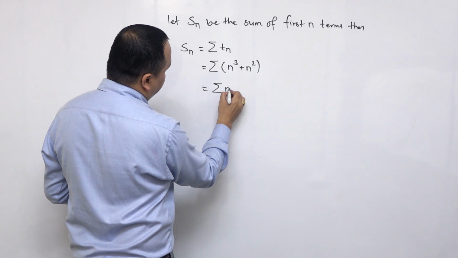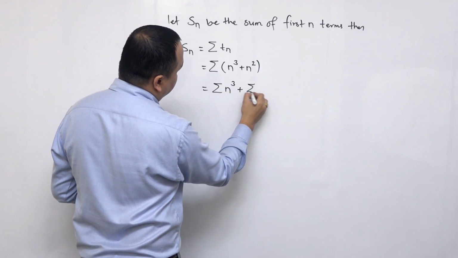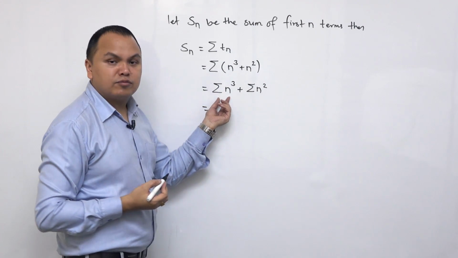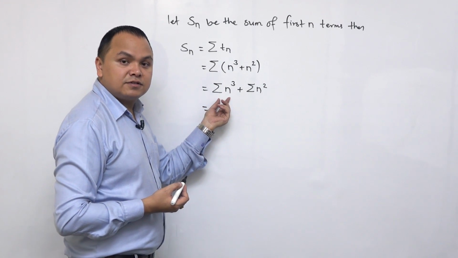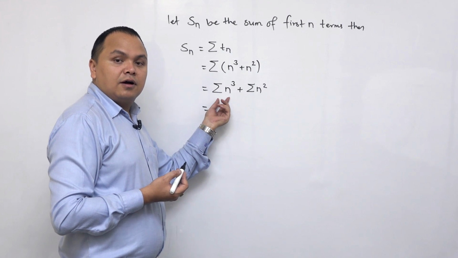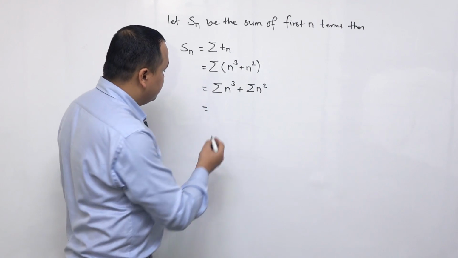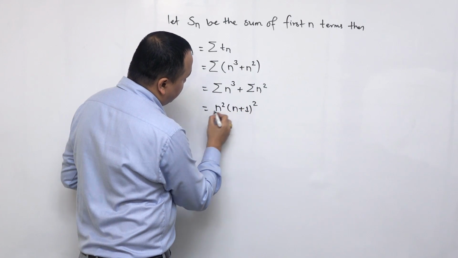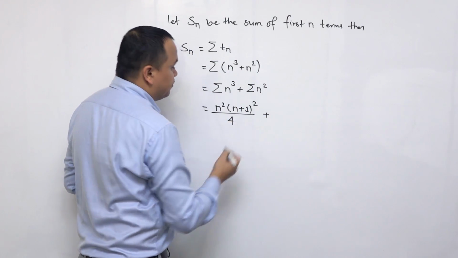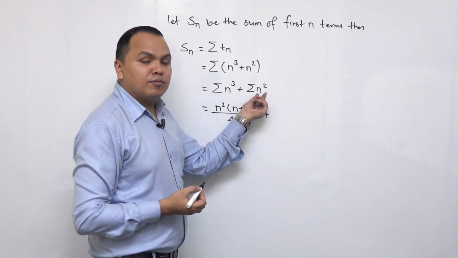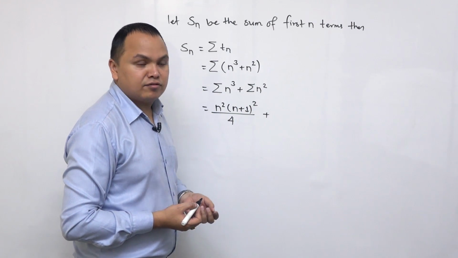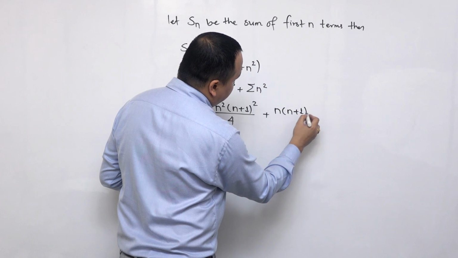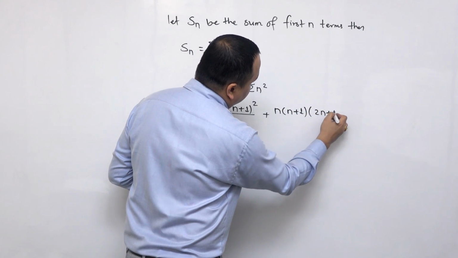The summation n cube plus summation n square. We have formula for sum of cubes of first n natural numbers, which is n square times n plus 1 whole square divided by 4. Similarly, sum of squares of first n natural numbers, which is n times n plus 1 into 2n plus 1 divided by 6.